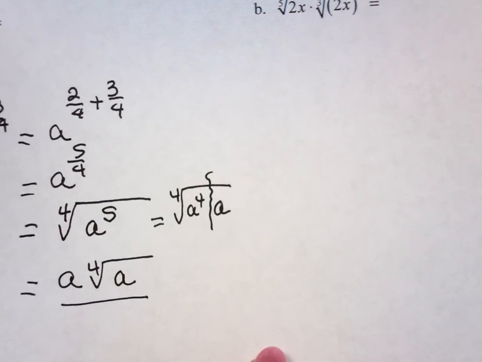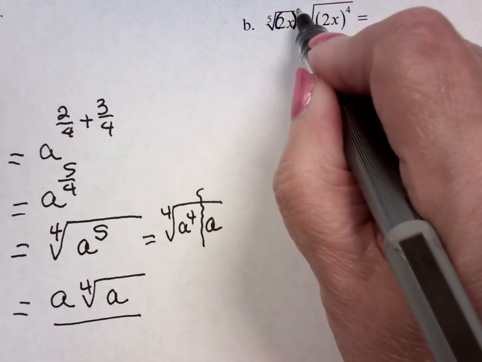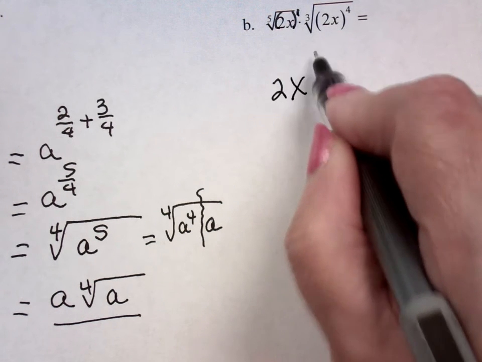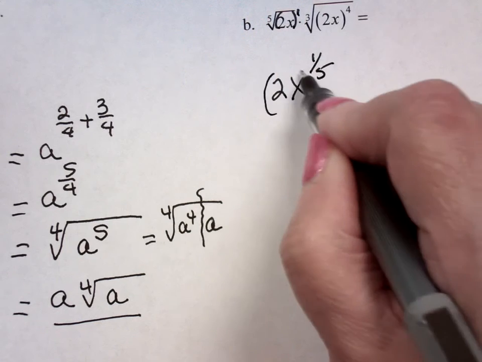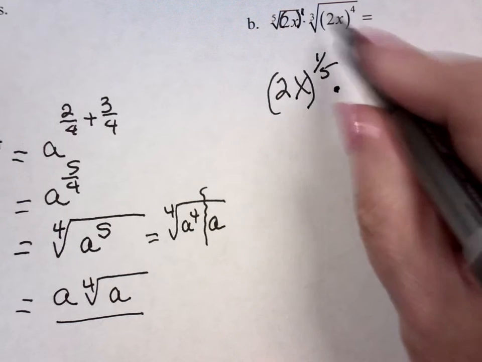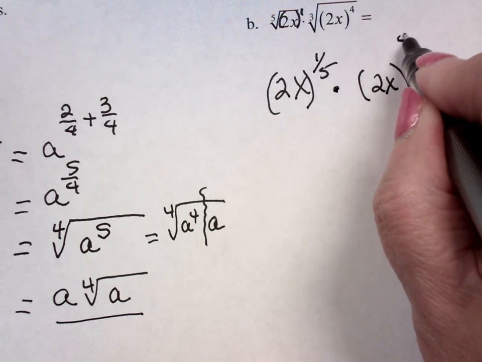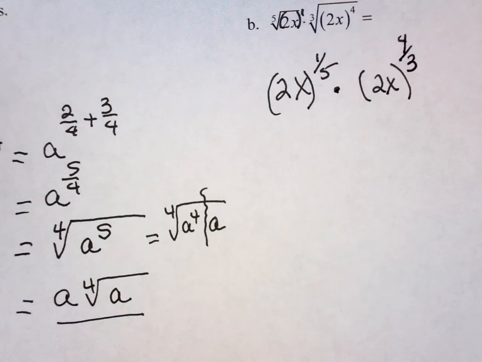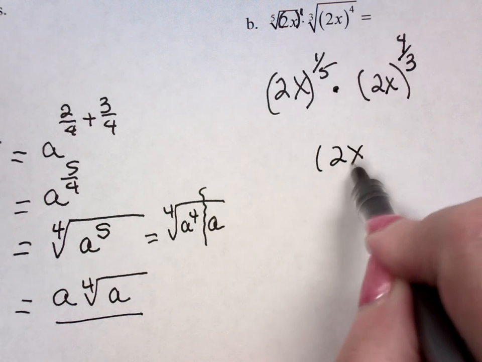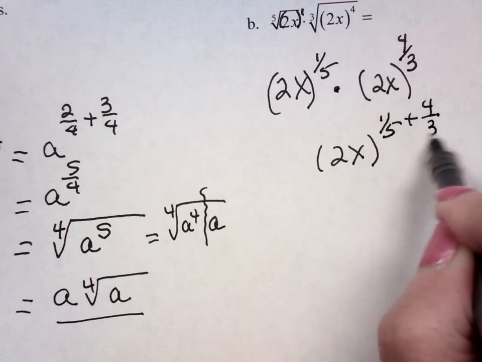Now on this one, this is a 2x and it's raised to the 1 power. That's the radicand. So it's 2x to the 1/5. The whole 2x is in parentheses. Times, this is 2x to the 4/3. This is 2x to the 1/5 plus 4/3.